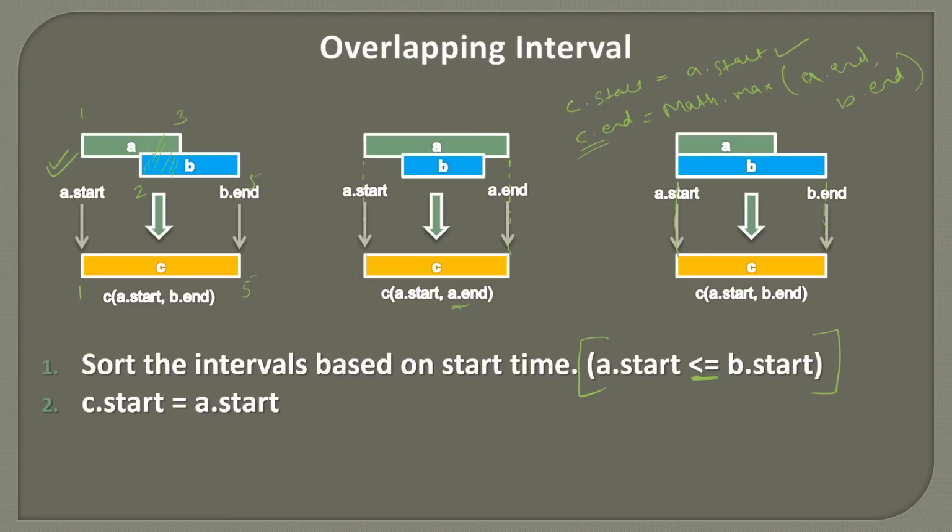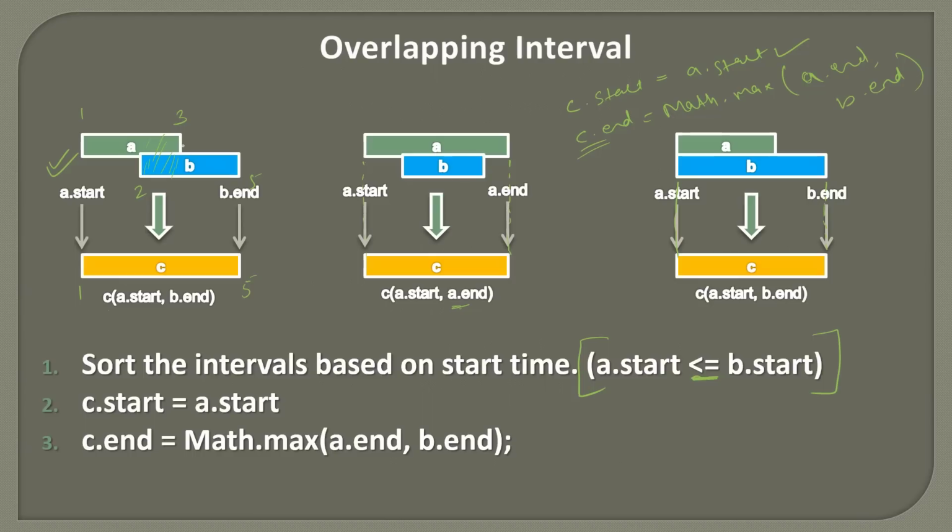Here, if you want to merge these two elements, we know that A dot start is before or equal to B dot start. So C dot start will directly become A dot start because A is coming before B. But C dot end, which we discussed here, will depend on whichever interval has the greater time span. So it would be max of A dot end and B dot end.